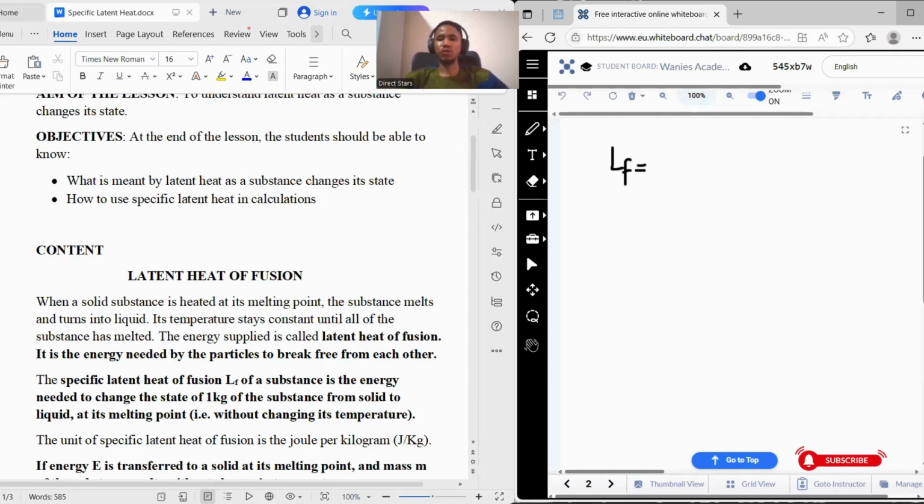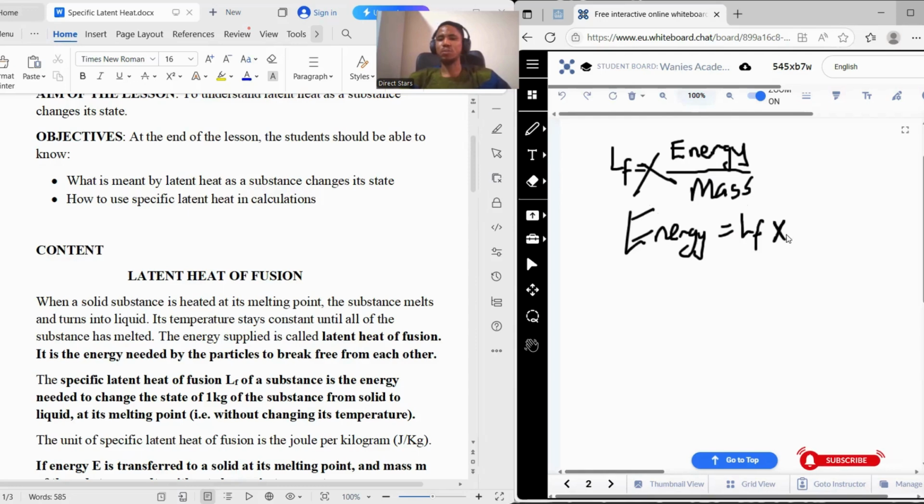So latent heat of fusion equals the energy required to change 1 kilogram of solid to liquid. Kilogram is mass. So latent heat of fusion is energy divided by mass, and that is the mass of the body. Cross multiply, then we have energy equals LF, latent heat of fusion, multiplied by the mass.